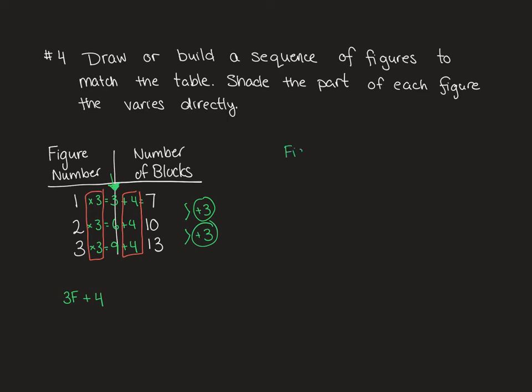So if we have figure 1, we need one group of 3, and then we need 4 extra blocks that sit as well. So I might do something like, here is my group of 3, and yours does not have to look like this at all.